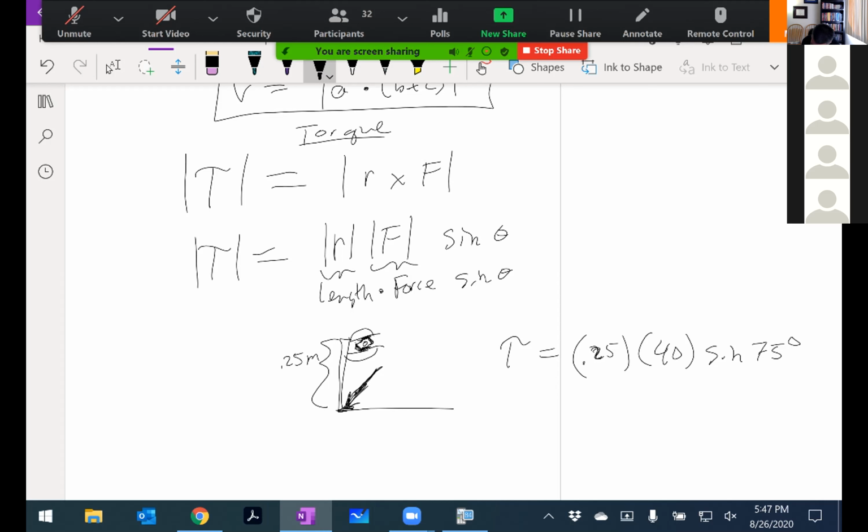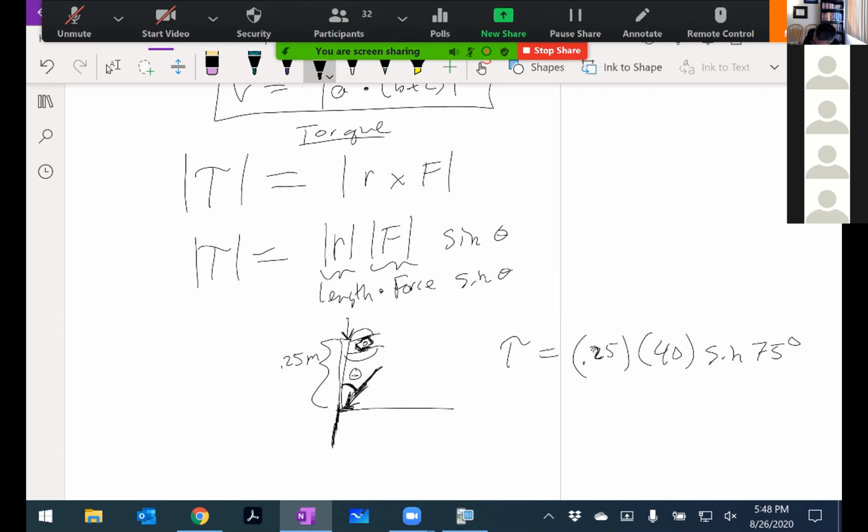An angle of 0 degrees should give me nothing. If I apply force to the top here, it's counterproductive. If I get the whole force, it's when it's 90 degrees, when it's orthogonal to the wrench. If I push the wrench orthogonally, boom, I get the maximum amount of torque. So it's this angle here, theta.